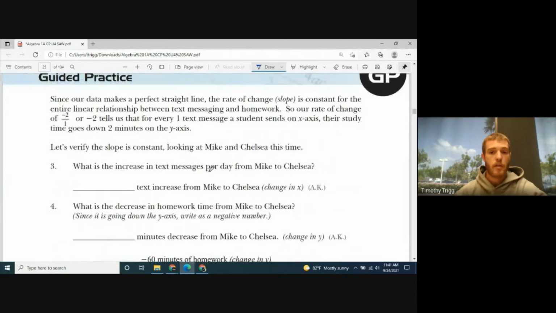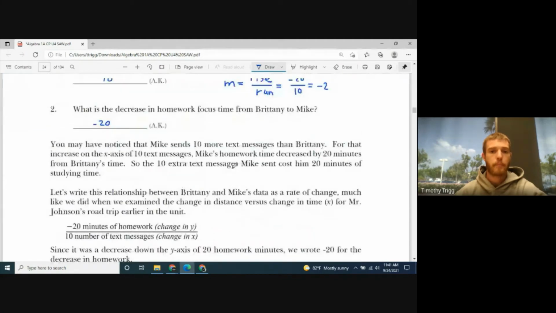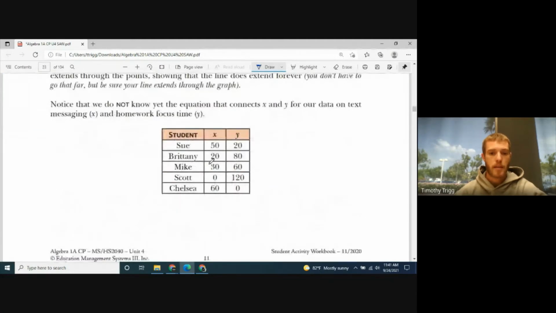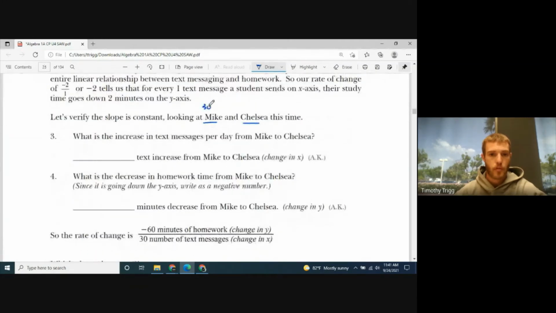But we didn't have to use those two points. We could have used Mike to Chelsea. What was Mike's point again? Mike is 30, 60, and Chelsea is 60, 0. So what was the increase in text messages per day from Mike to Chelsea?